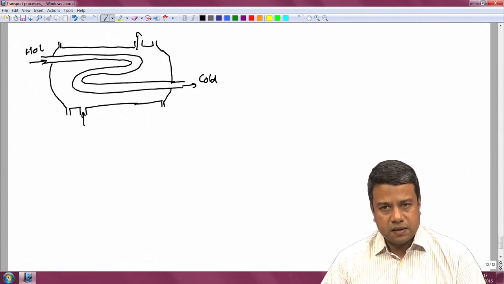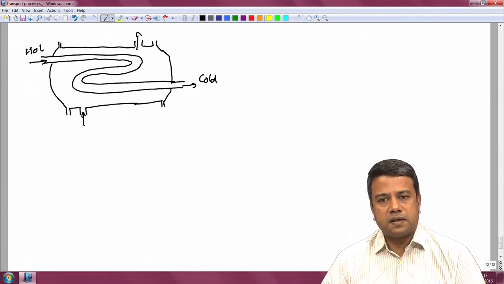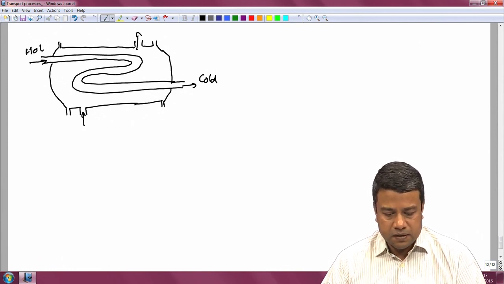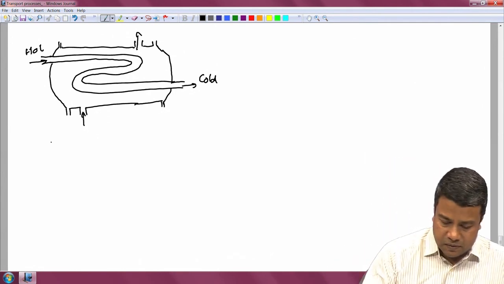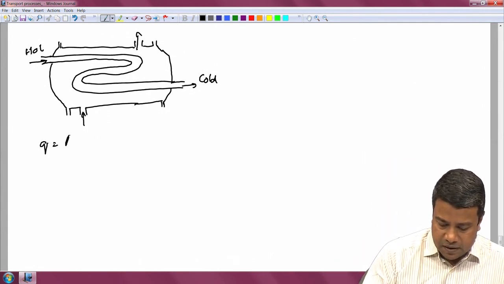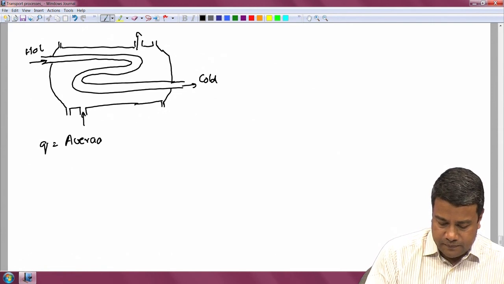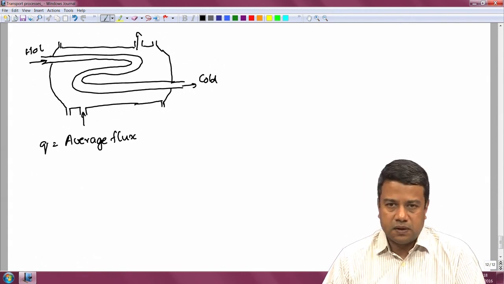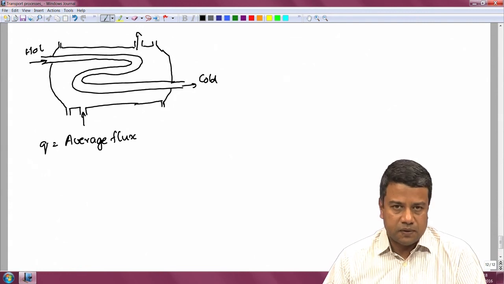But this heat that is transferred of course depends on the length of the heat exchanger, the diameter and so on. So, what is normally done is to define an average flux Q, average flux across the tube wall, that is the amount of heat that is transferred per unit area per unit time.